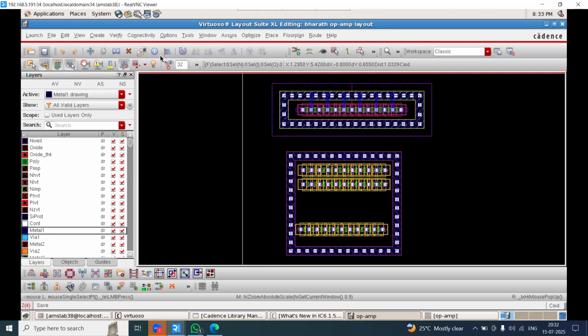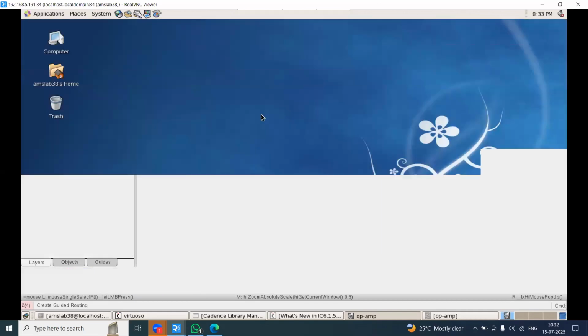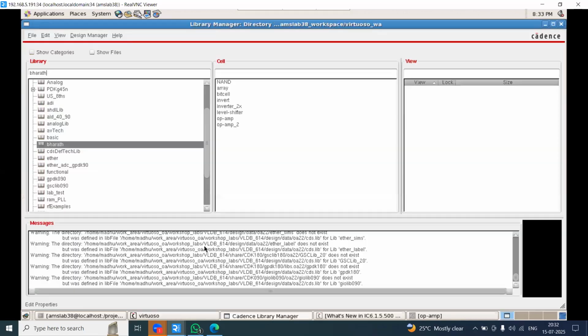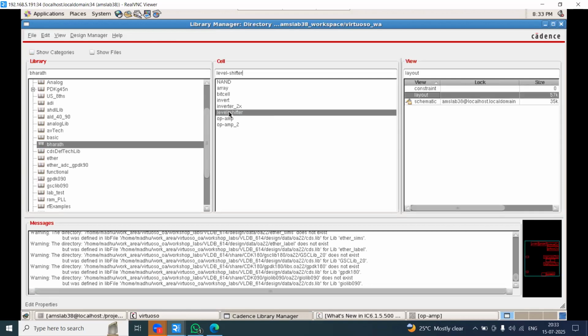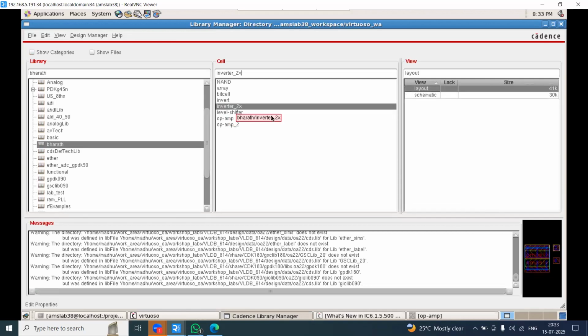And for this op-amp block, I am closing this one also. And the level shifter you already made. I hope you have cleaned it. Inverter 2x, you have asked a question.